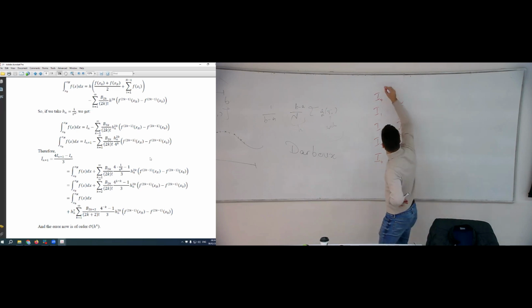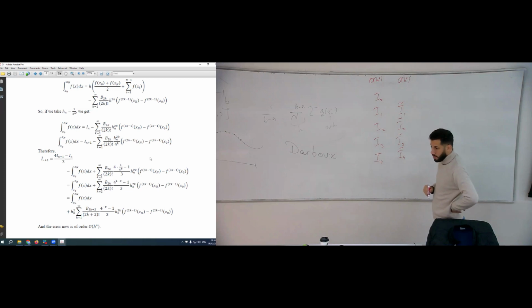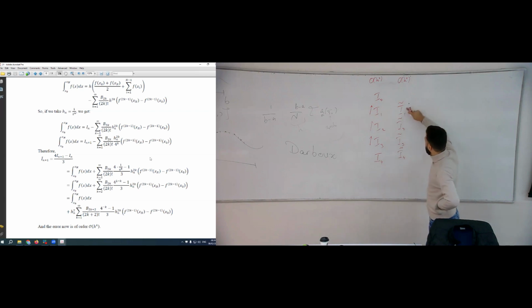These will be with error of order h squared. These will be of error h to the 4th. And of course this is better than this, and this is better than this, and so on.